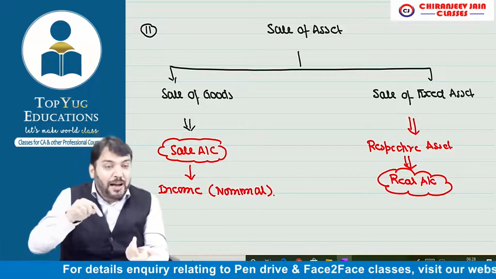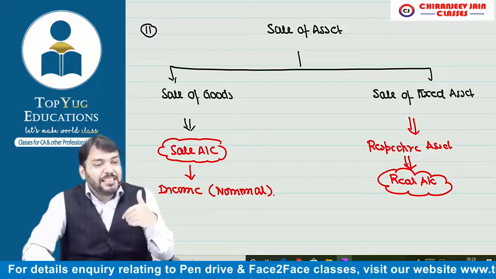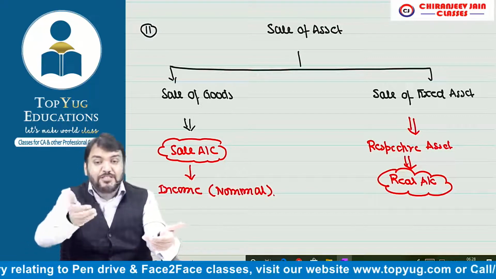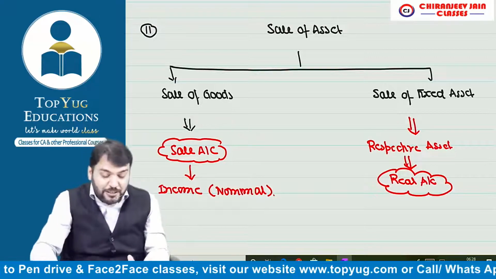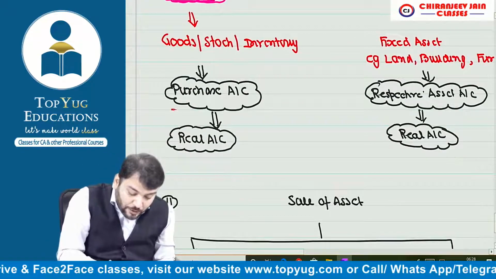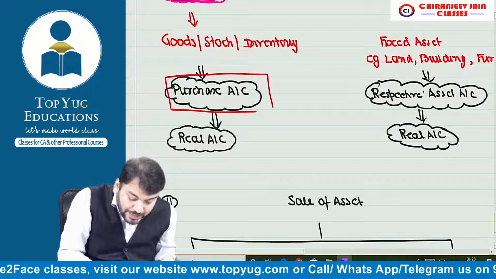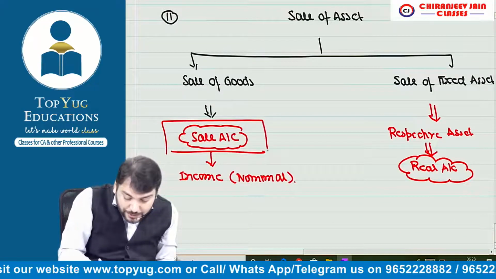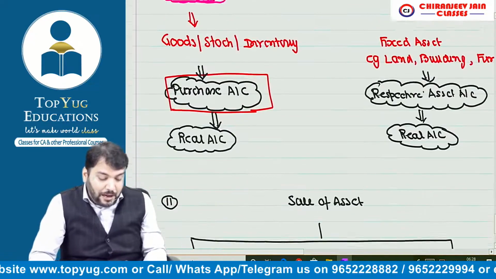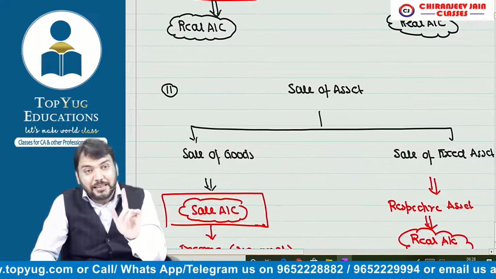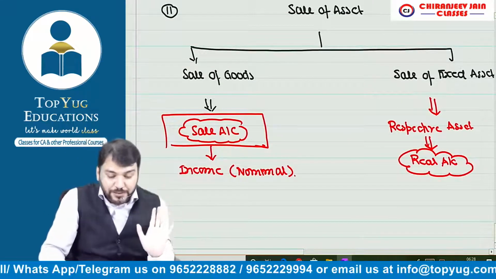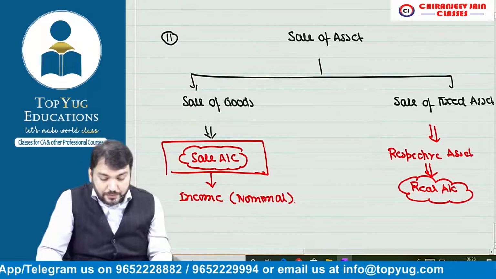But that is not my business. If I am selling goods, that is my business. So trading of goods is my business. Therefore, by opening a separate account, we are giving more importance to the item in which we are dealing. Have you understood this point?